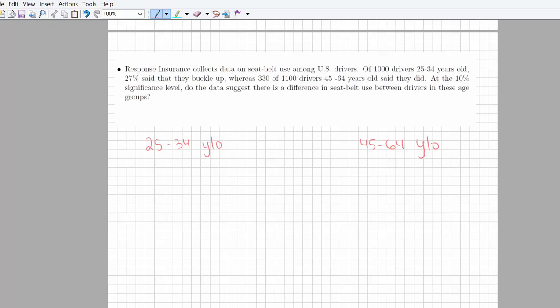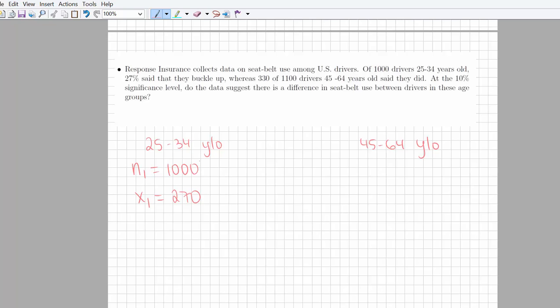All right, so let's see what we got here. We have a sample of 1,000 drivers that are in the age group from 25 to 34 years old, and out of those, 27 said that they buckle up. So 27%, not 27 people. So 27% out of 1,000, that is 270.